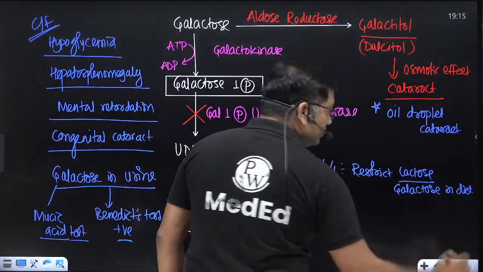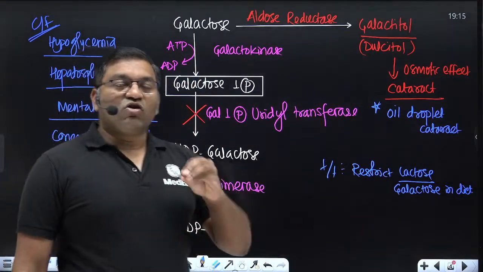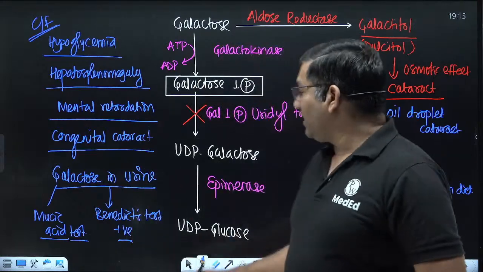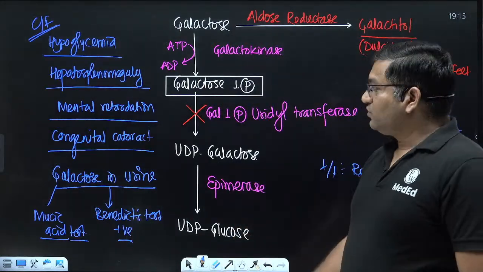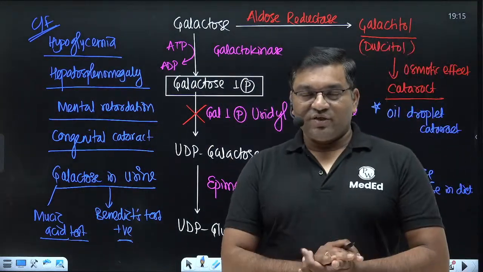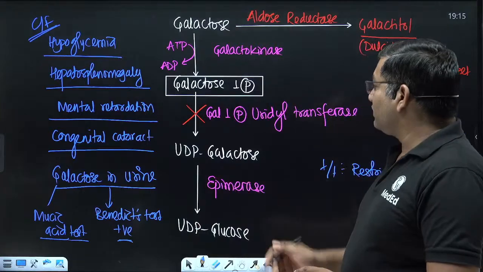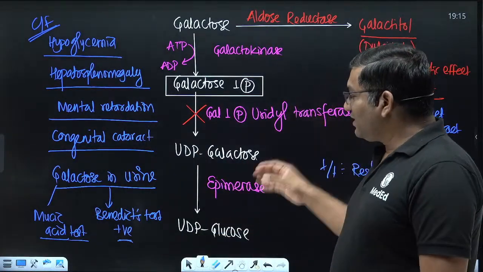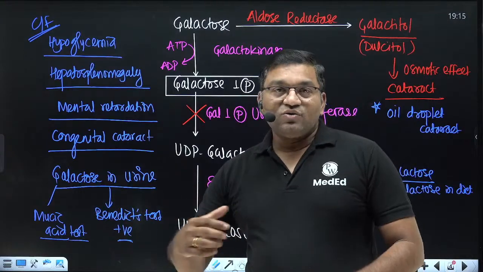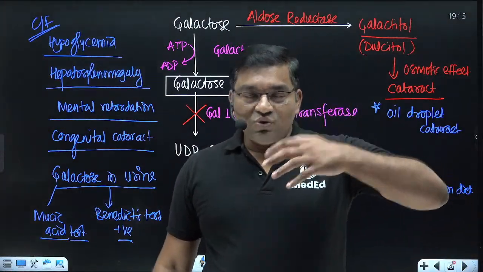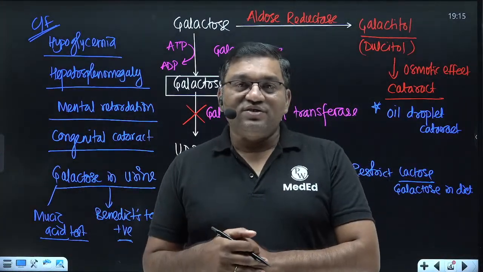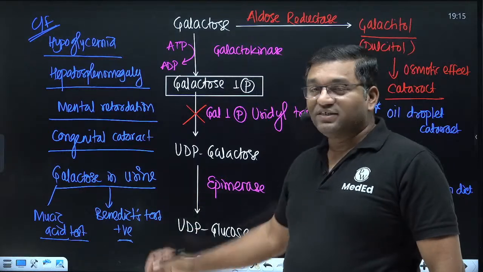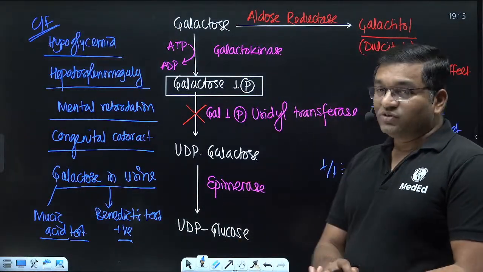Shift the child to a commercial preparation, a galactose or lactose free diet. So that is the treatment for galactosemia. So there are multiple viva questions: why is there cataract, why is there hepatomegaly, why is there mental retardation, why is the blood glucose level low, why is the Benedict test on the urine sample positive, what is the mucic acid test in galactosemia. There is jaundice.